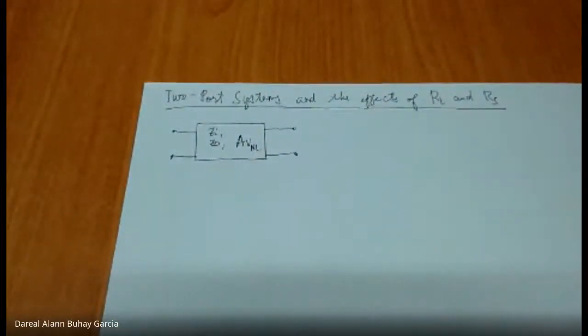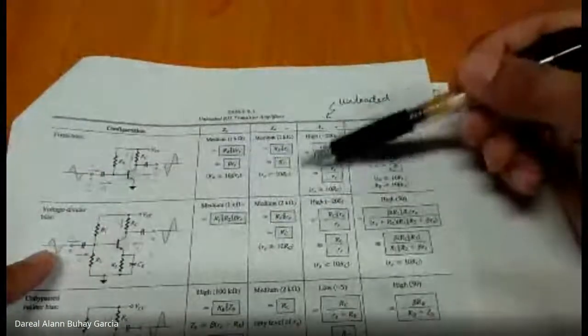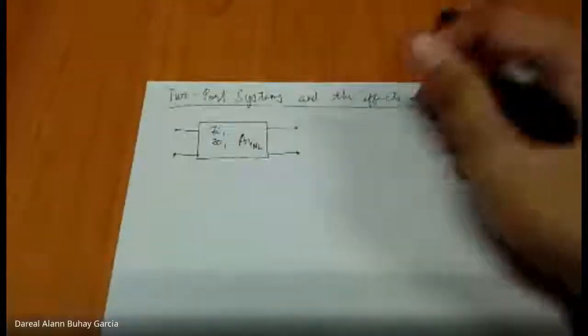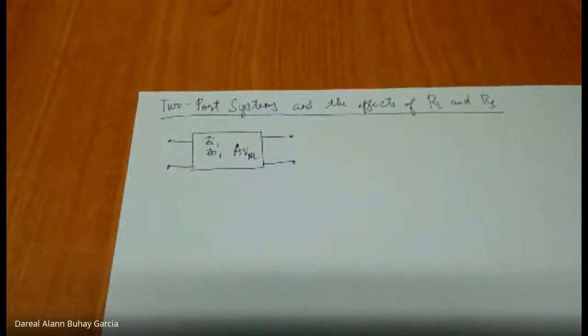So whatever value comes out using the lookup table and these formulas will be the unloaded, or no-load, voltage gain.